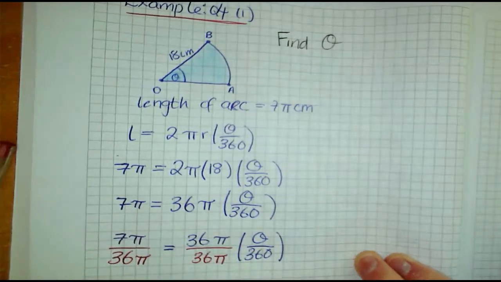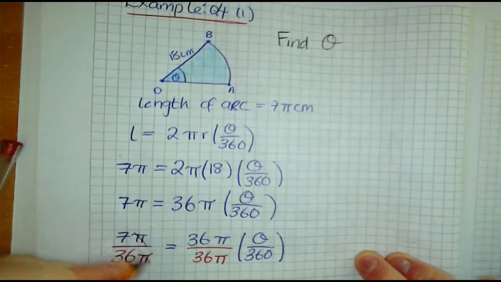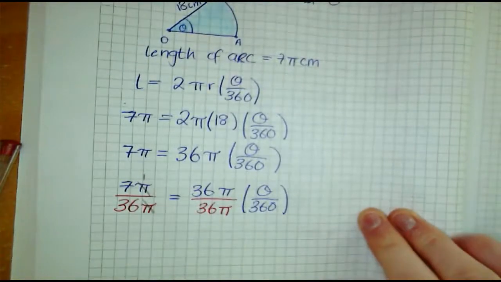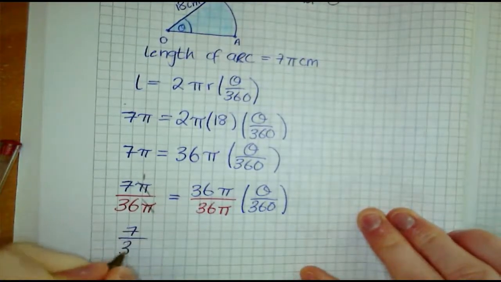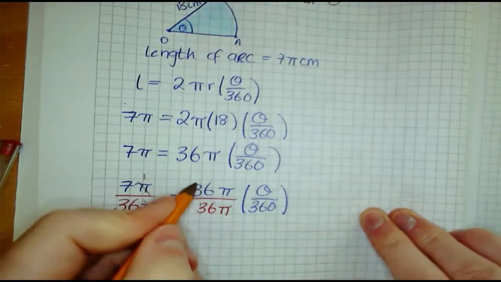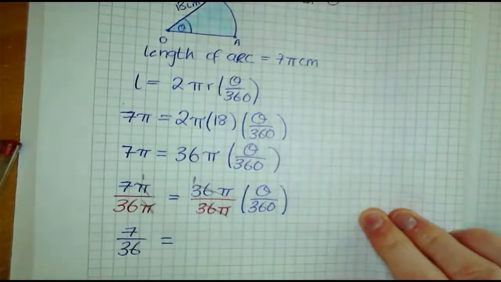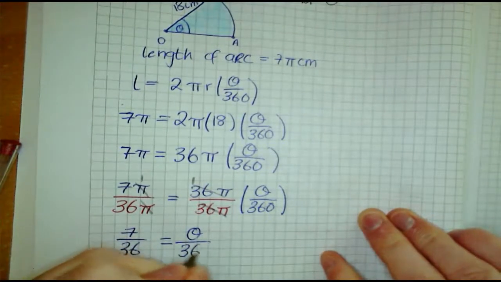Okay, so my pi divided by pi is going to go 1, so they're going to cancel. And I'm just going to be left with 7 over 36 is equal to my 36 pi divided by 36 pi goes once, and 1 multiplied by theta over 360 is just theta over 360.